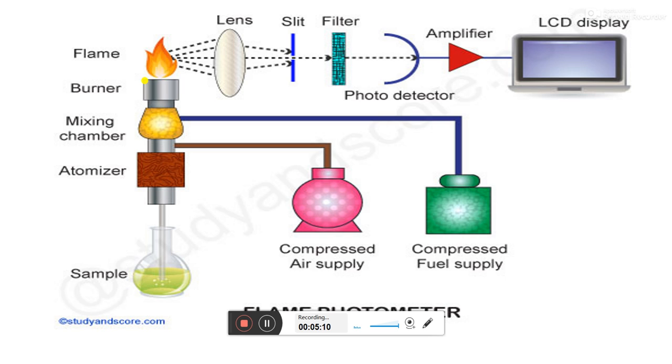While they are in their upper state, they emit some radiation, which passes through this filter and is amplified, and is seen on this LCD display. For that purpose there is a compressed air supply and a compressed fuel supply. In the compressed fuel supply we are using gas, and the pressure of the compressed air supply also has to be maintained.